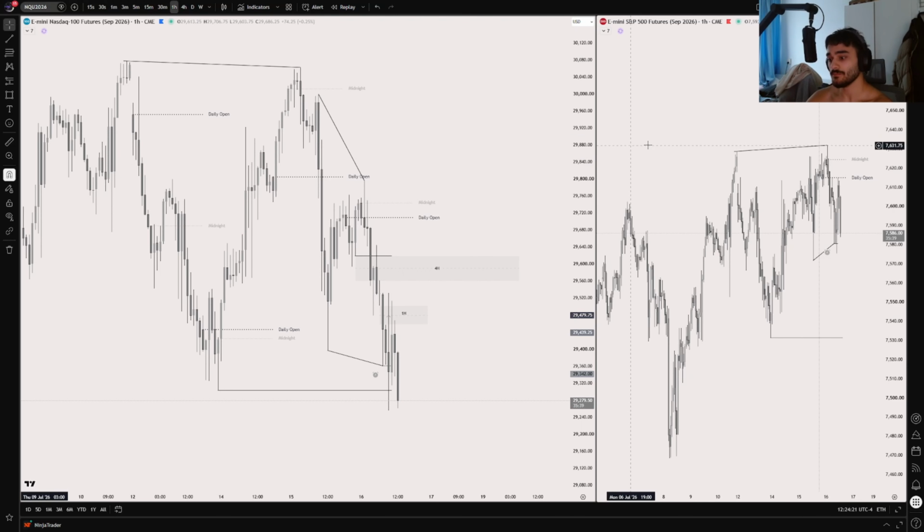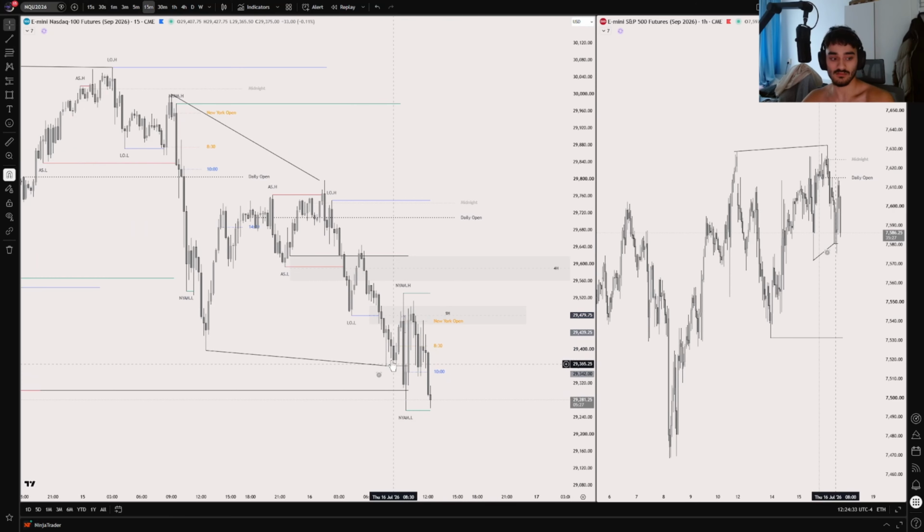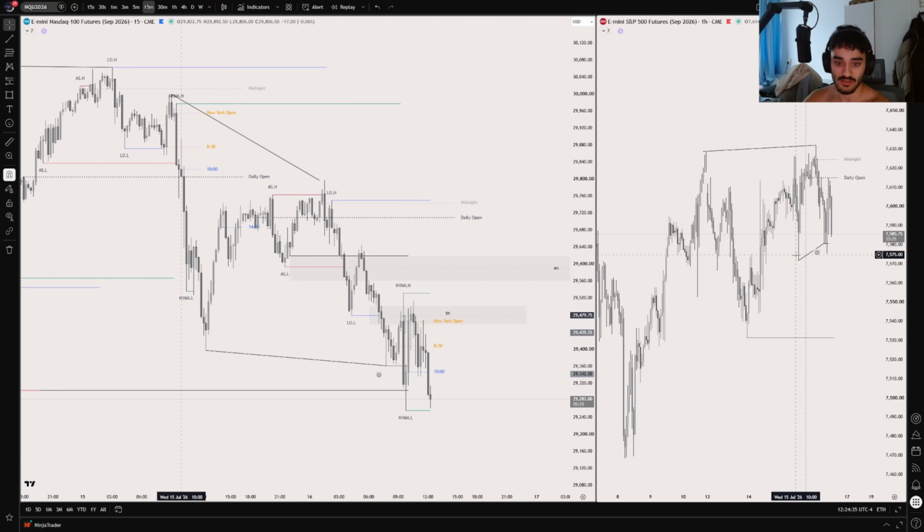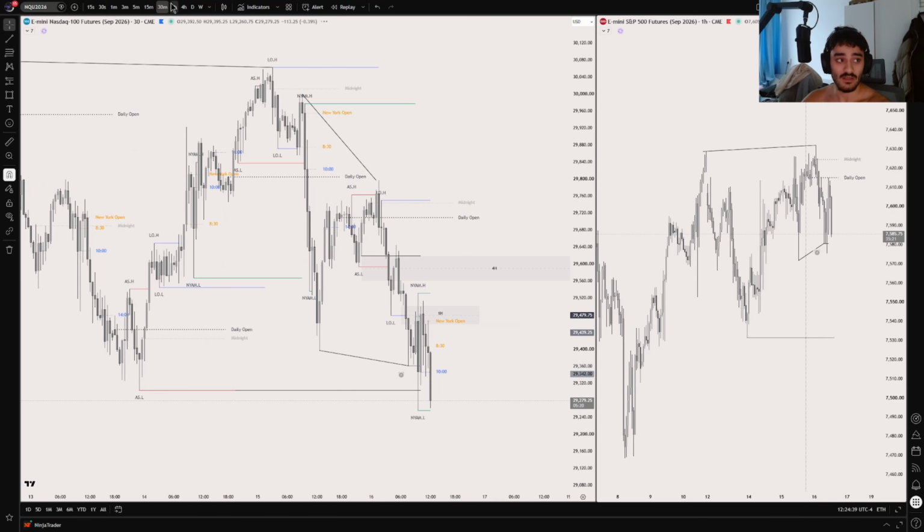But rule of thumb is if you're short bias and you have an SMT at the low, then it shouldn't really matter long term for that SMT. So I mean, we saw this SMT, we went up, and then eventually we still went down.